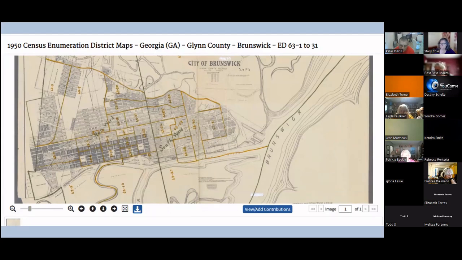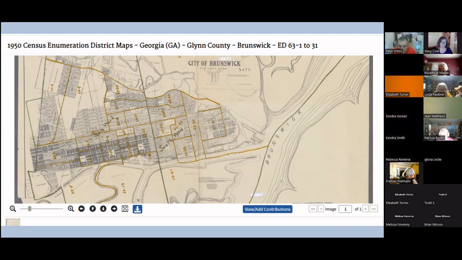I found one. Last week I was helping a person who lives in a rural area try to find a particular house, and I wasn't actually able to find it using the Sanborn map, but I went to the enumeration district maps, and the county map for where I grew up actually had the house on the enumeration map.